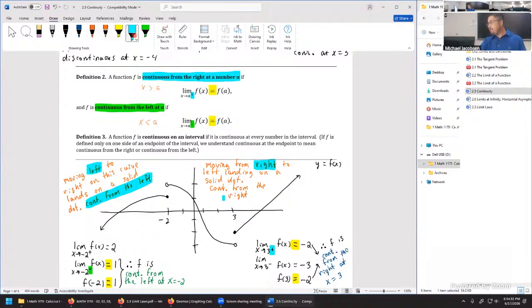So if you go from right to left, land on a solid dot, you have continuous from the right. The other thing is you're always landing on a solid dot.